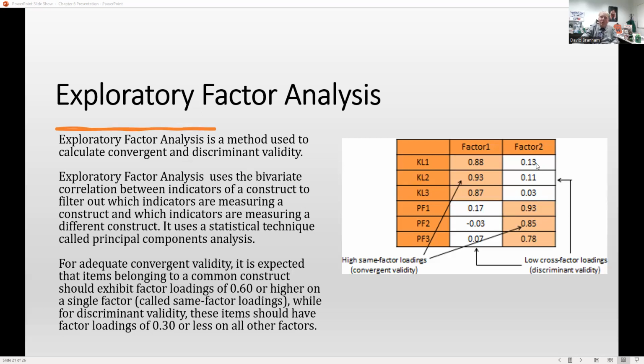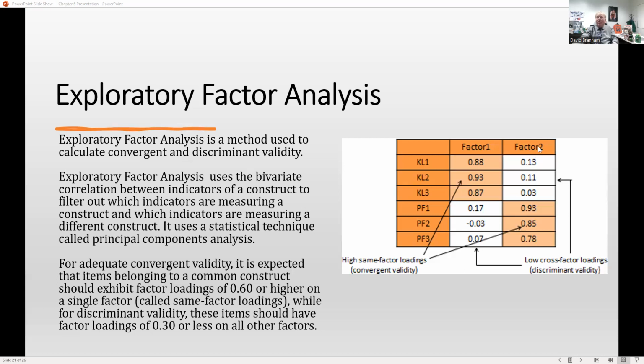Using my previous example, if factor one is mathematical intelligence, then we know that these three are actually measuring mathematical intelligence. We have convergent validity that they are doing so. And then PF1, PF2, and PF3 are not measuring mathematical intelligence. We have discriminant validity evidence of that.